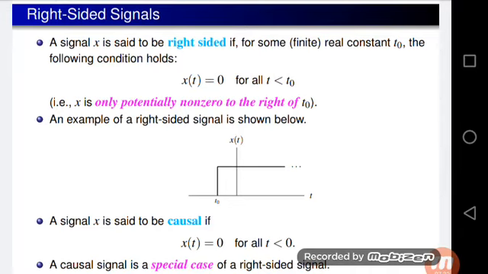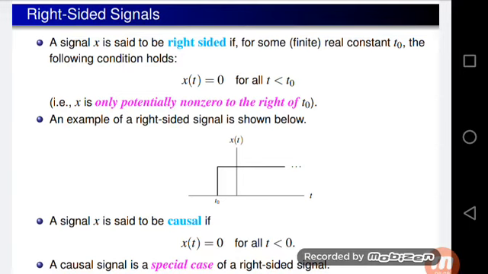A signal x is said to be right-sided if, for some finite real constant t naught, the following condition holds: x of t equal to 0 for all t less than or equal to t naught, where x is only potentially non-zero to the right of t naught.